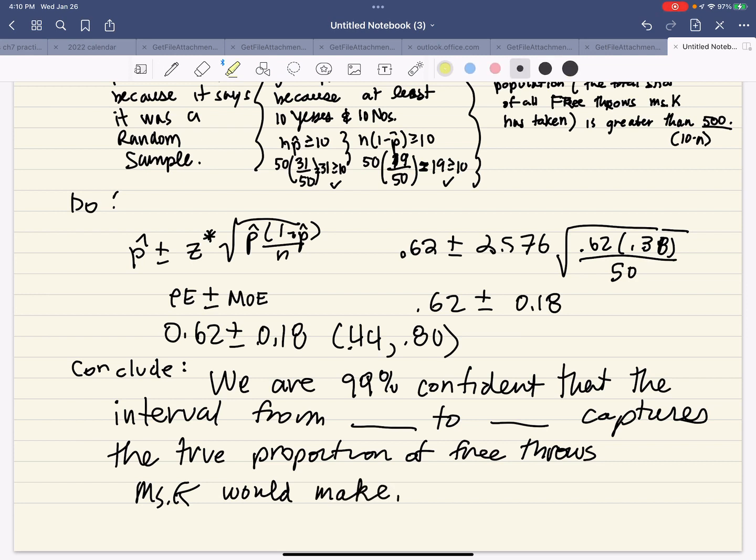And what is blank to blank? Again, we got this from our problem. Based on the samples she took, her real shot record is somewhere between 44% and 80%. That's a big range of numbers, but this is a very high confidence level, so that should make sense.